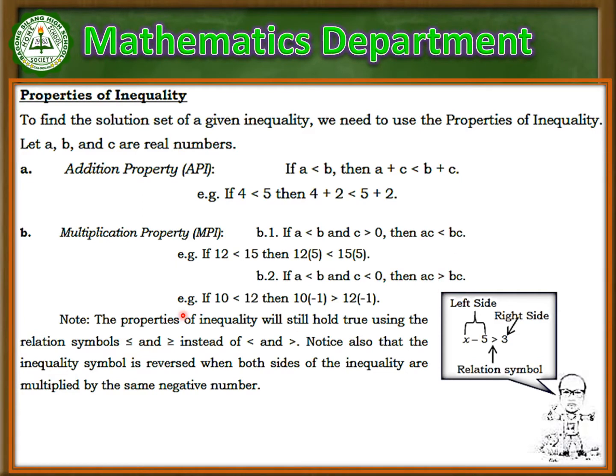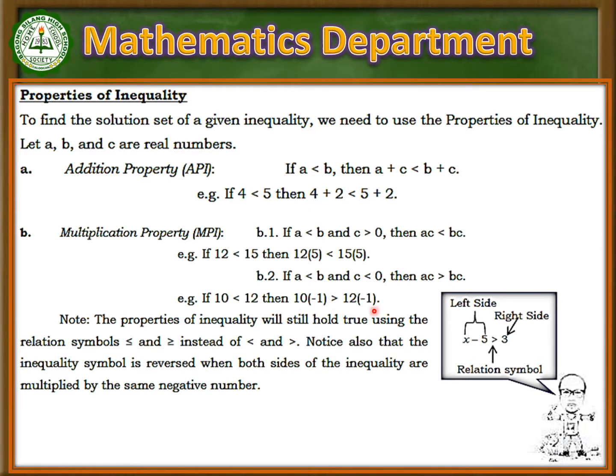For example, if 10 is less than 12, then 10 times negative 1 is greater than 12 times negative 1. Originally that's less than, but once we multiplied by negative 1, the result is greater than.